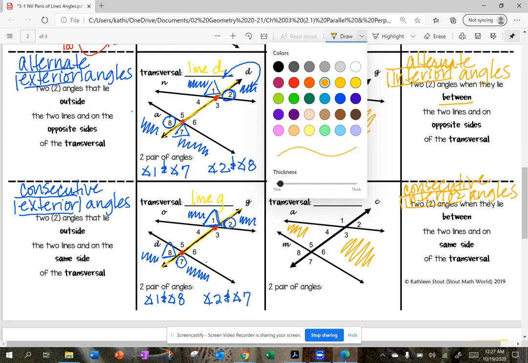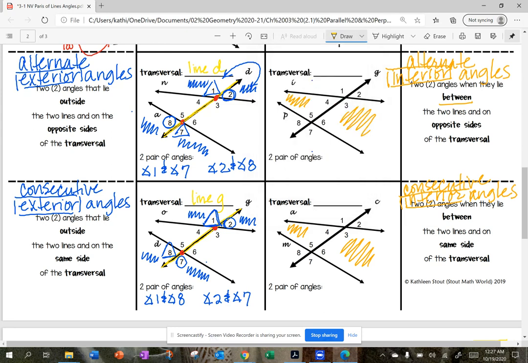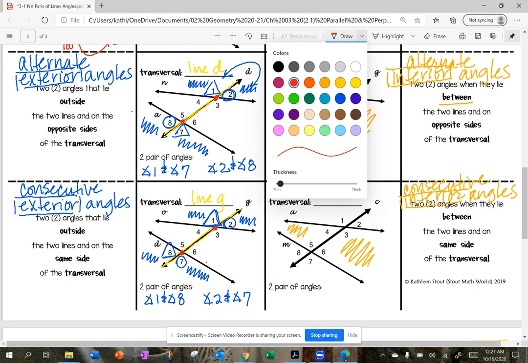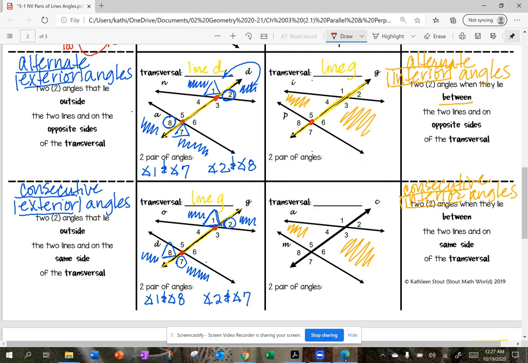When we're doing these, it's easiest to identify the transversal first. So for my alternate interior angles, my transversal is line G, and I know this because it goes across the other two lines, so I have intersections with these two lines.